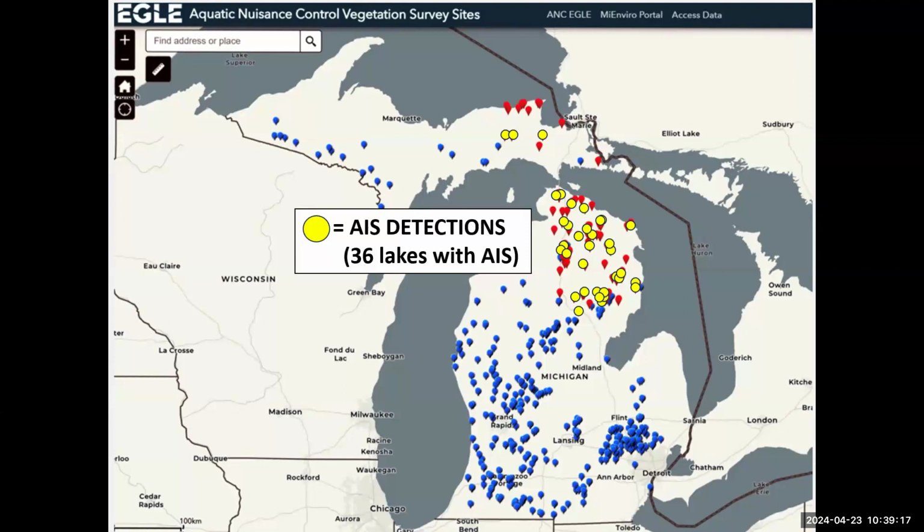But in general, I believe there's a clear latitudinal gradient that exists. And as you get up into the northern UP, obviously, those water bodies are less invaded. They're more pristine. And I hope that everyone can be responsible and we can prevent non-native species from getting into those water bodies.